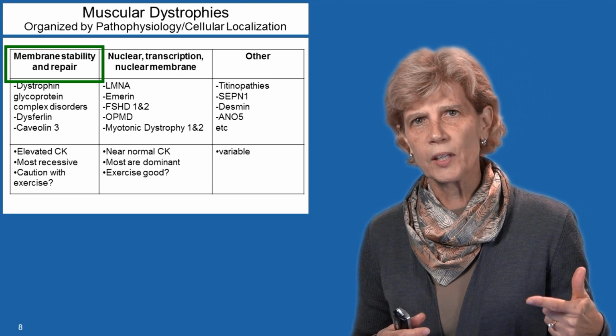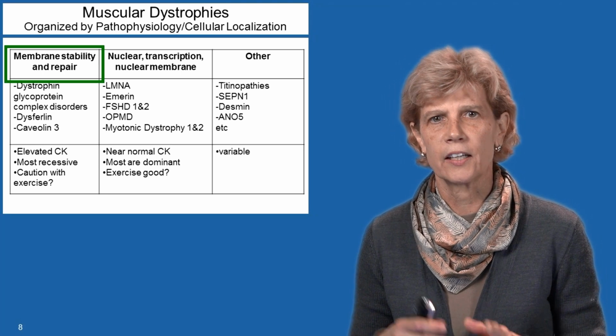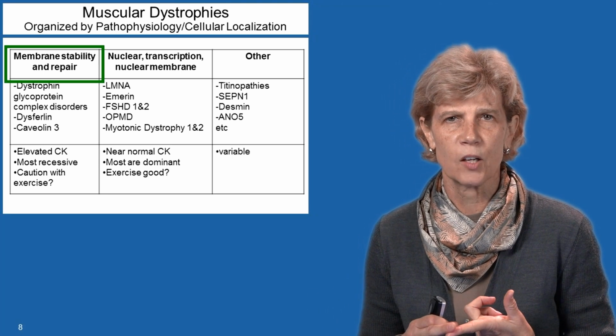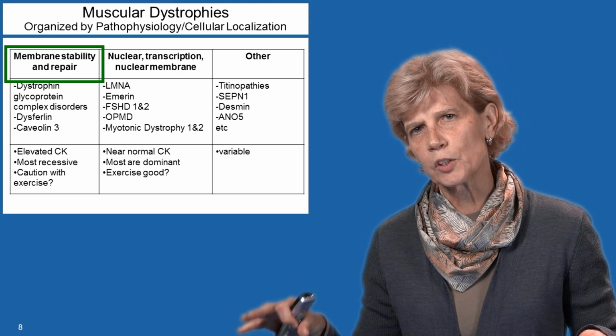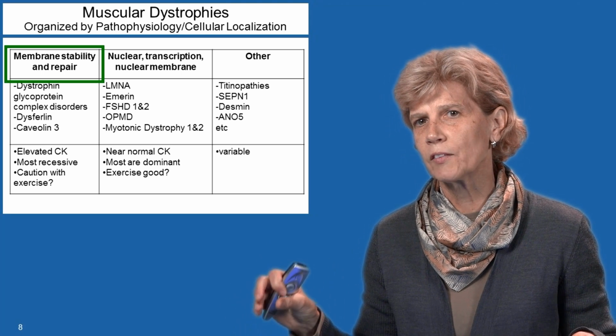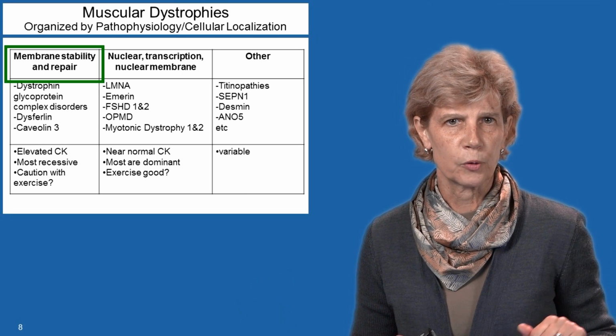So the way this helps me in clinic is that almost all of these have a very highly elevated CK, and I'll come back to this, and you may have heard about that before. So that helps me to distinguish between those involved in nuclear function, which typically have a normal or near normal CK, and those of the membrane group.